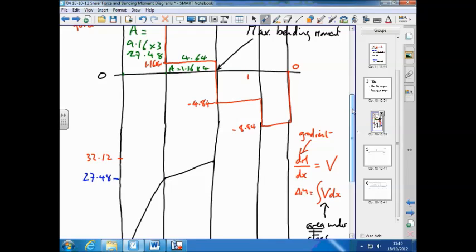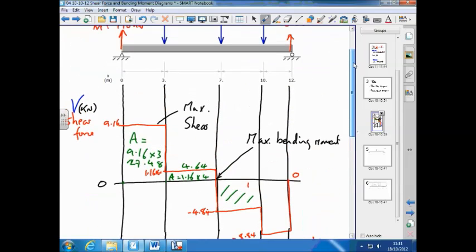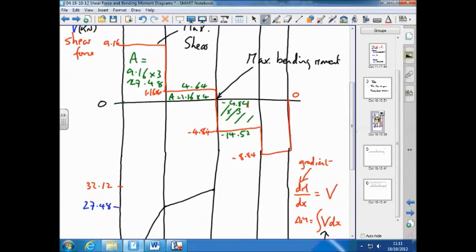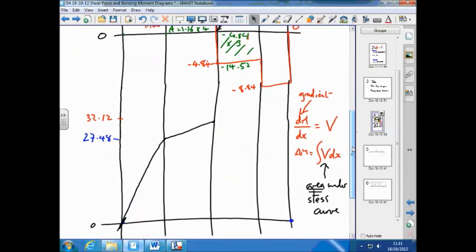Now I've got an area underneath here, but that area is now negative, so it's reducing the moment. So this negative shear, minus 4.84 times 3, is minus 14.52. So I have to subtract 14.52 from the 32.12 to get 17.6.